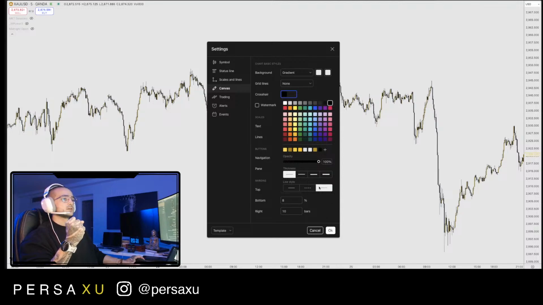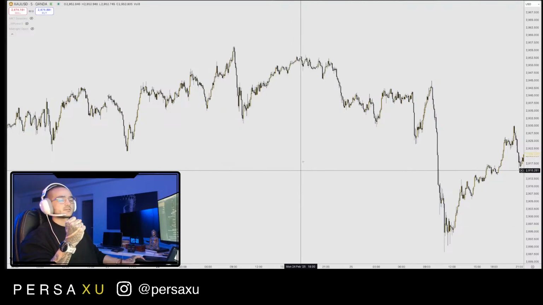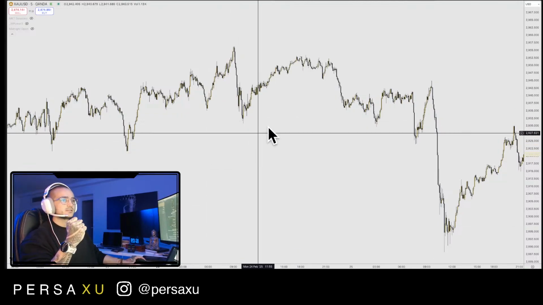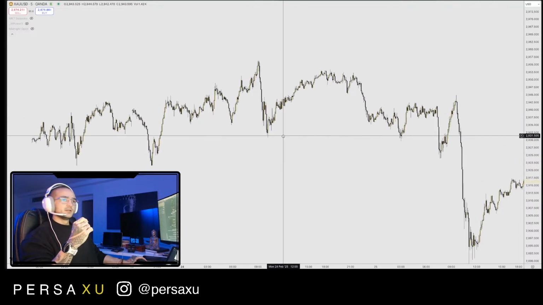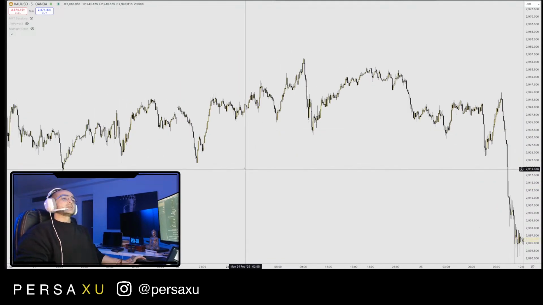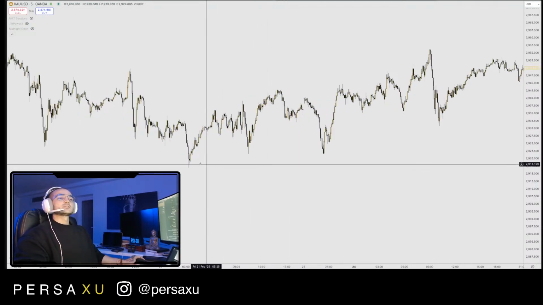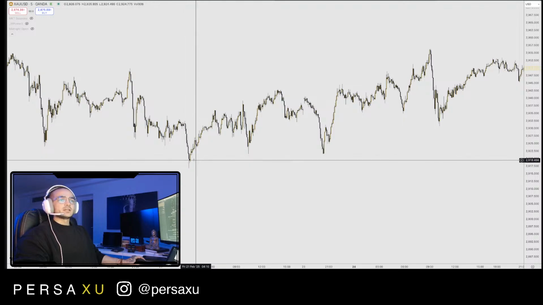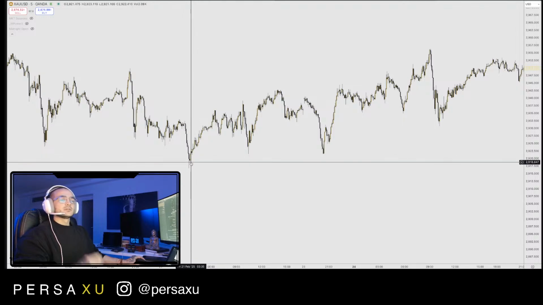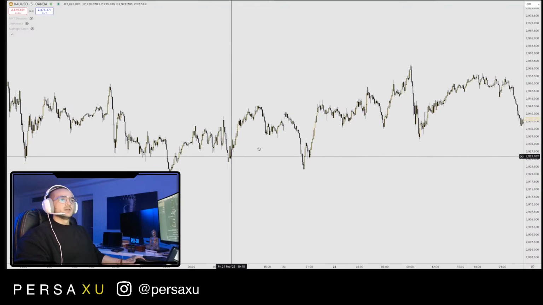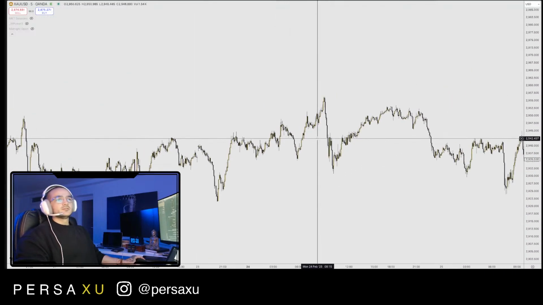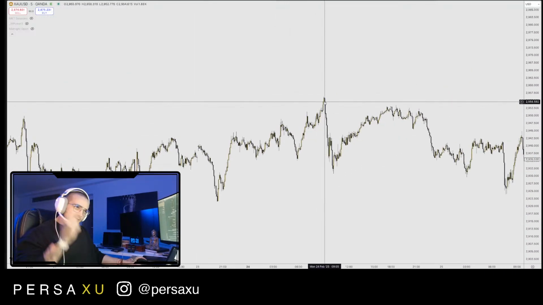So I'm going to quickly change my cursor so that you can see better where I'm pointing. Okay. So yeah, I was looking at the market one day and I said to myself, man, what does one have to do to buy, for example, right at that lower area? Or what does one have to do to sell right at that top?